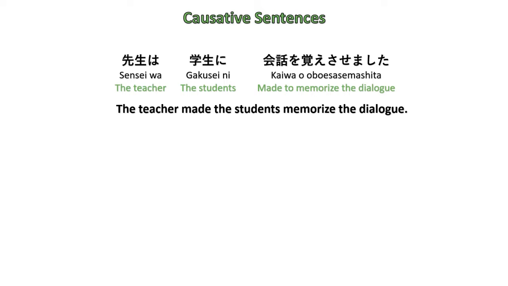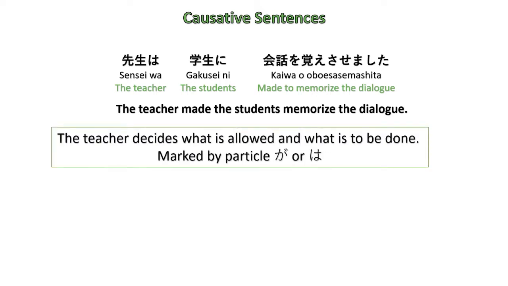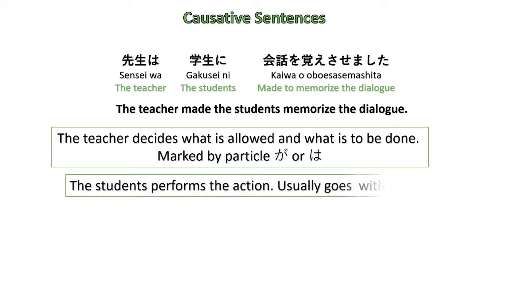Okay, so here is a causative sentence. The teacher decides what is allowed and what is to be done, and it is marked by particle ga or wa. So the teacher causes. That is what the word means. The teacher causes someone to do something. So in this case, the teacher causes the students.